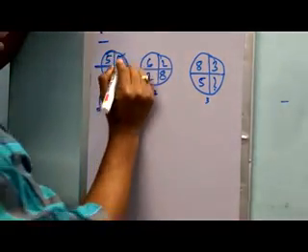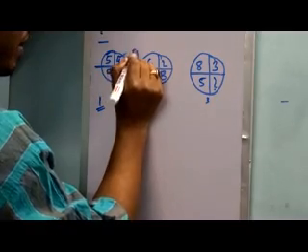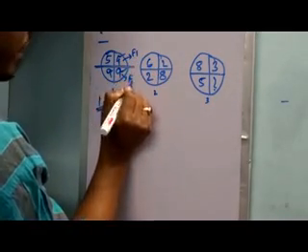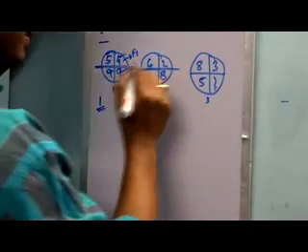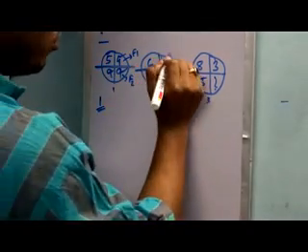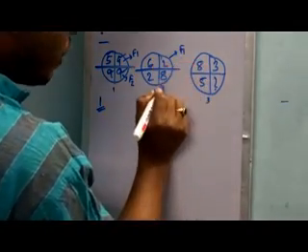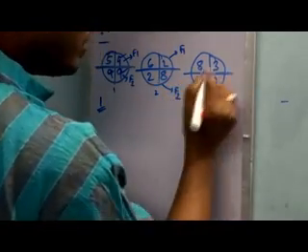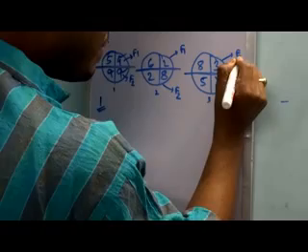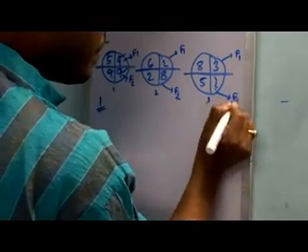This is flap 1, F1, and denote it as flap 2, F2. Apply the same sort of logic in case of diagram number 2. This one is flap 1, flap 2, and also in this one, flap 1, flap 2.